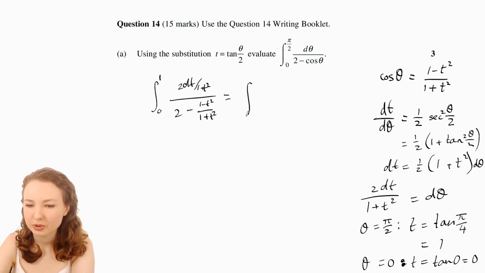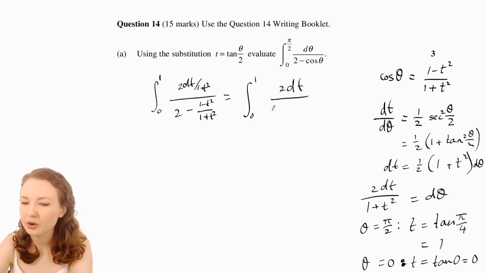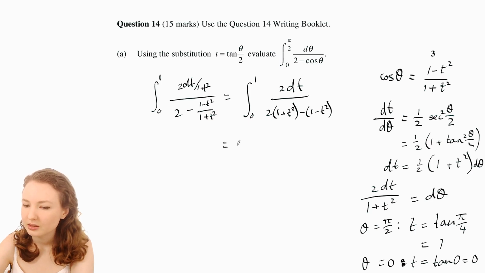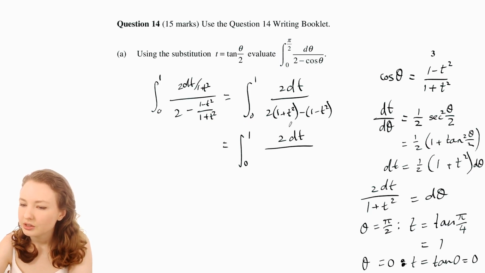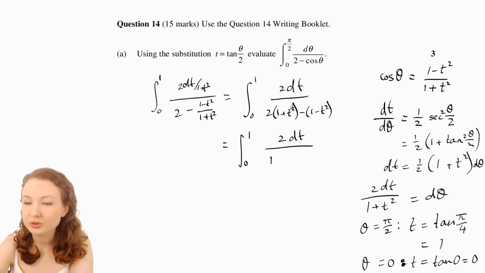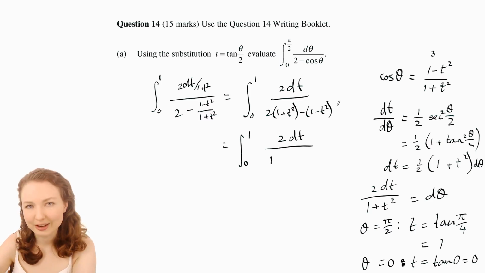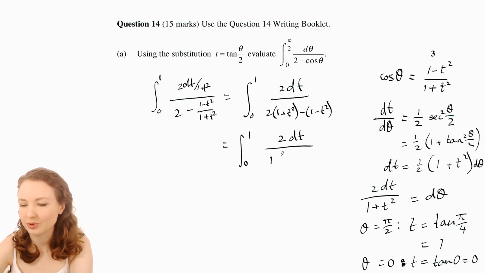So on the top we're going to get just 2 dt, and on the bottom, 2 times (1 plus t squared) minus (1 minus t squared). Let's simplify that denominator. We'll have 2 minus 1 is 1, and then 2t squared minus a negative t squared, so 2t squared plus t squared, which is 3t squared.